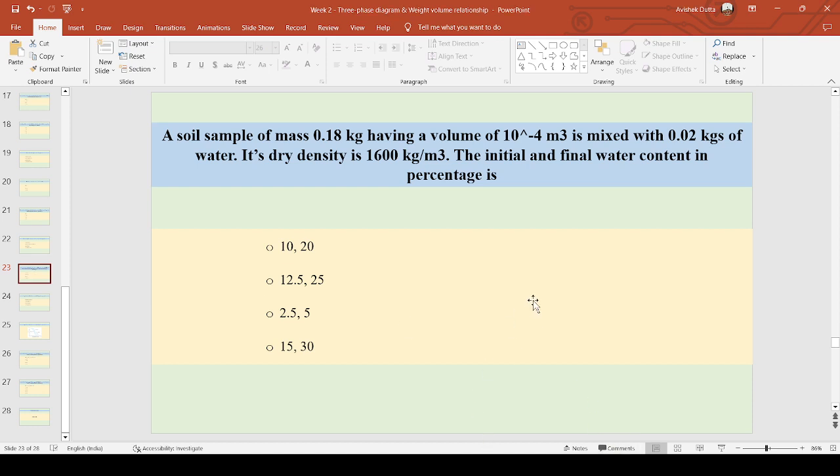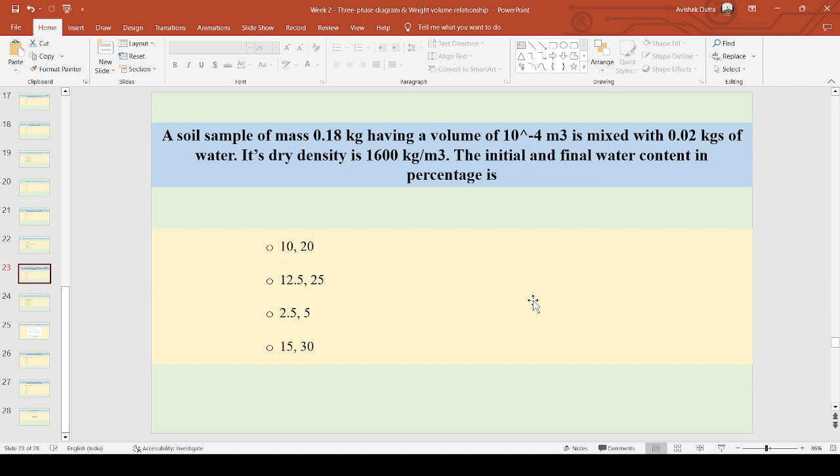A soil sample of mass 0.18 kg having a volume of 10 to the power minus 4 meter cube is mixed with 0.02 kgs of water. Its dry density is 1600 kg per meter cube. The initial and final water content in percentage is. I have asked you the initial and the final moisture content.